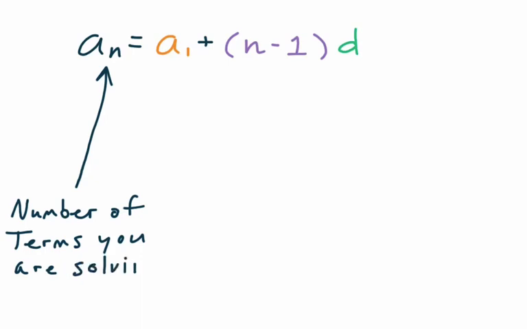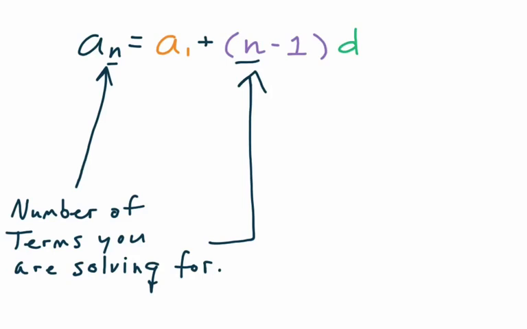So this is going to be the a of n, and anywhere we see an n, so we've got an n right there, and the same thing for this n right here that I just underlined, that's going to be the number of terms that we're solving for in our question or our word problem, and we'll look at an example of that in just a second.